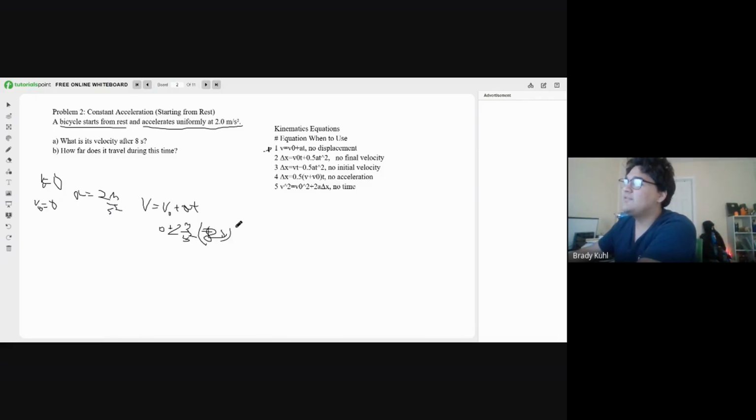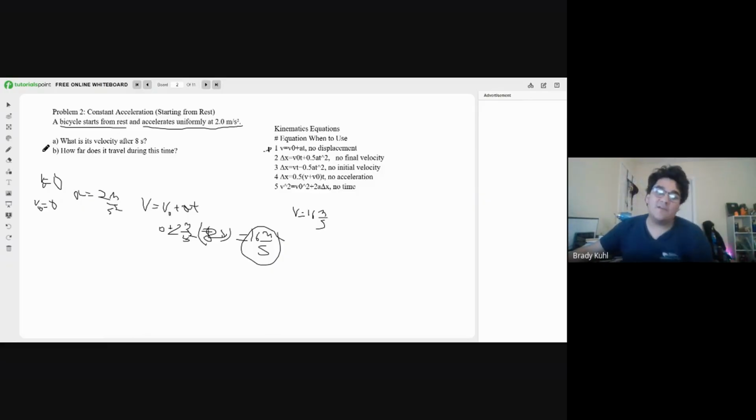Cancel out the seconds on both sides, and the final velocity is 16 meters per second. Oh, look, we found a final velocity, which is 16 meters per second.